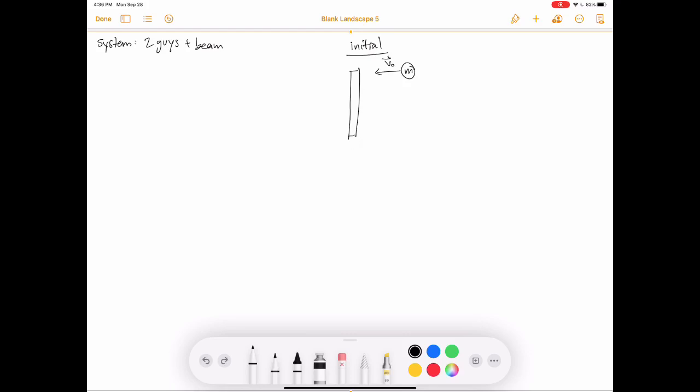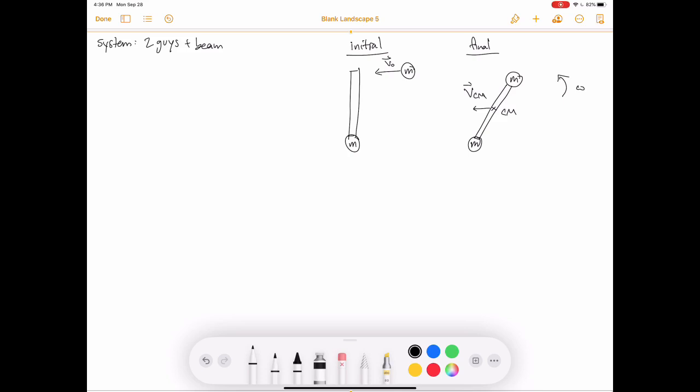They have the same mass, so we'll use the same variable m for both of them. In the final state, now they're both hanging on to opposite ends of the beam. And that beam is now rotating at some rate. Let's call that omega. But at the same time, the center of mass of the system is moving, and we'll call that velocity v_CM.